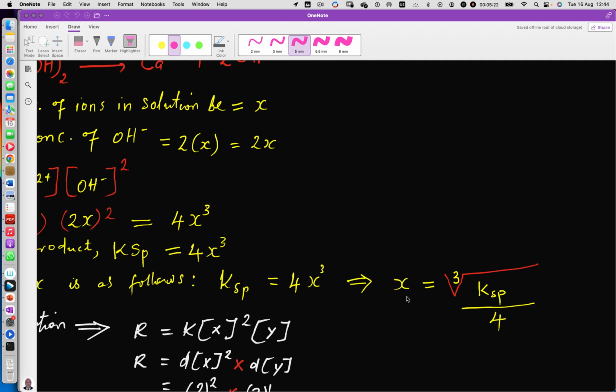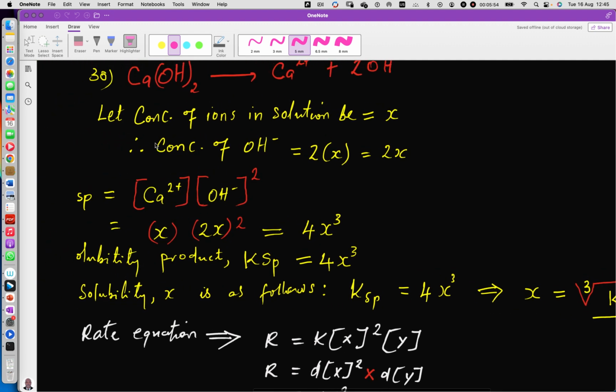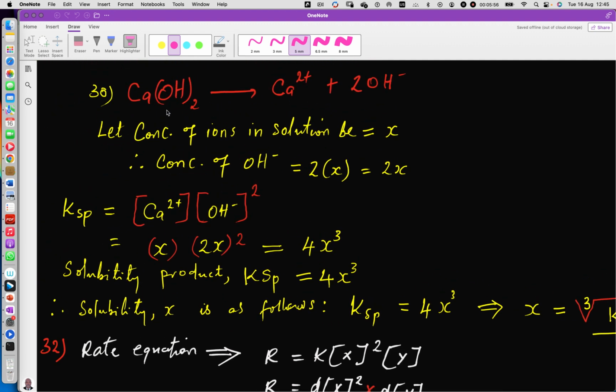When we divide the KSP by 4 and look for the cube root of the resultant, the X will be a very low value. That X being a very low value gives us, since X is the solubility, a very low solubility for this compound.